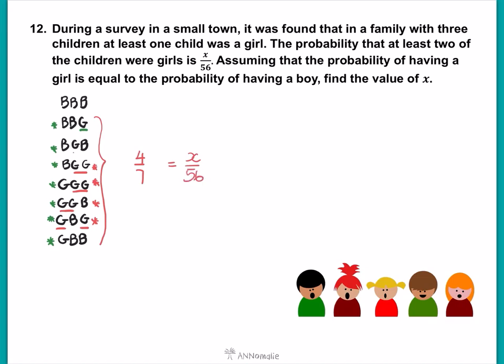So that is then easy to find by cross multiplying. 4 times 56 equals 7x, and we can say 4 times 8 equals x when we divide by 7. Therefore, x equals 32. So this then means that the probability that at least 2 of the children were girls is equal to 32 out of 56.